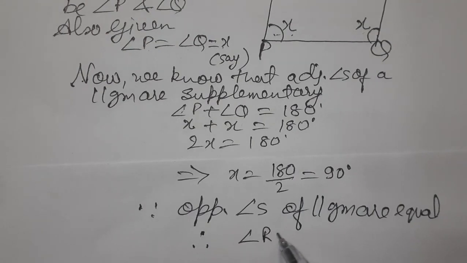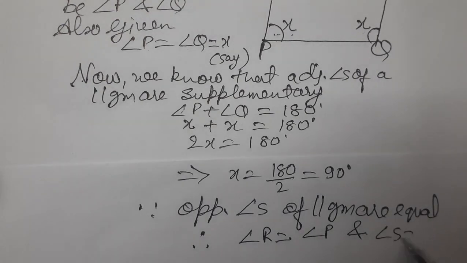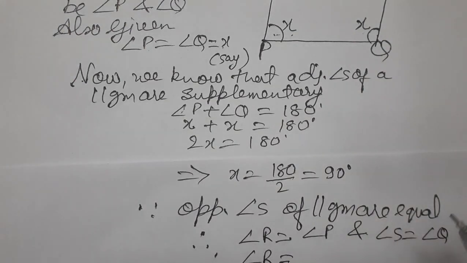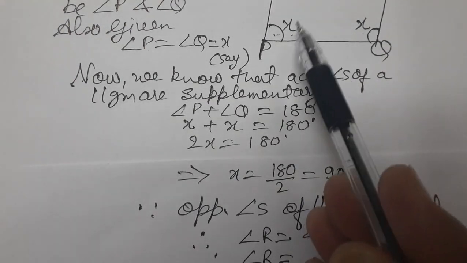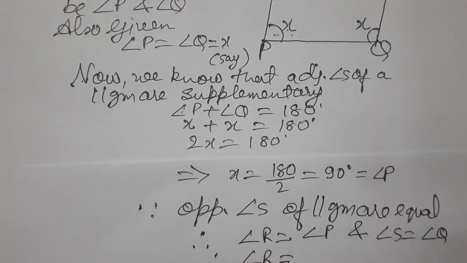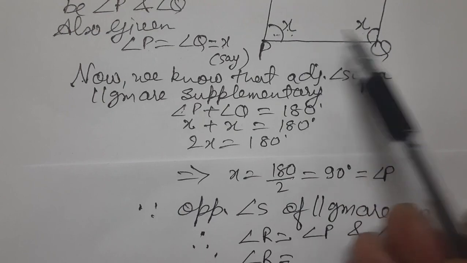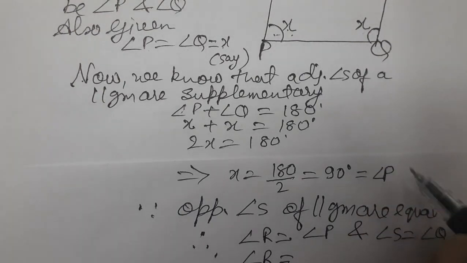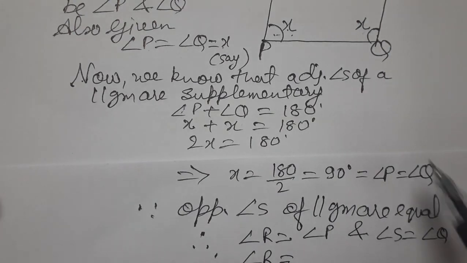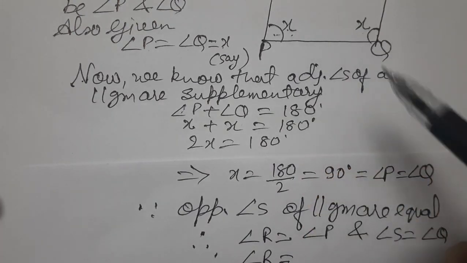Therefore, angle R equals angle P and angle S equals angle Q. What is angle P? Angle P is x only. And angle Q is also x. So angle P and angle Q both are equal to 90 degrees because both are x only.